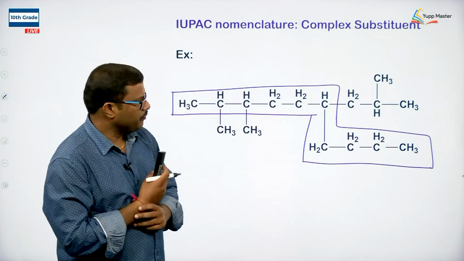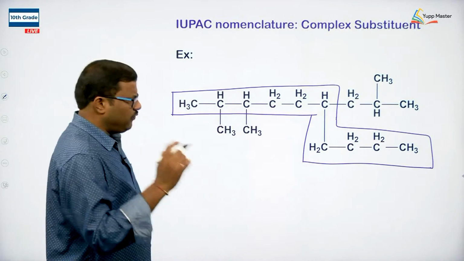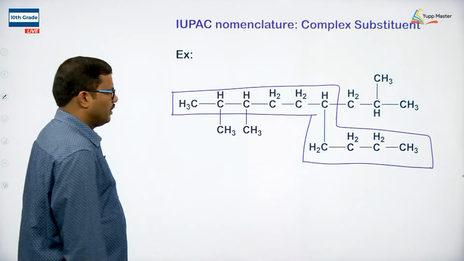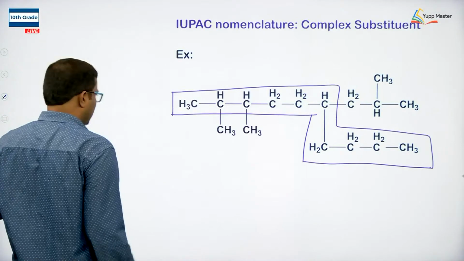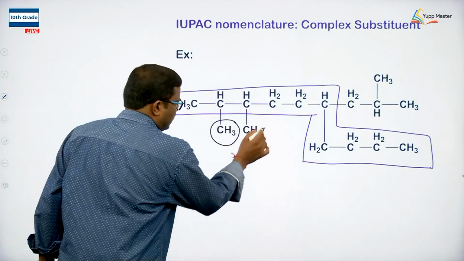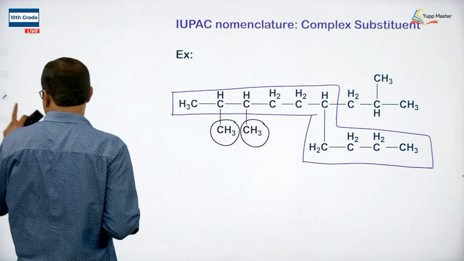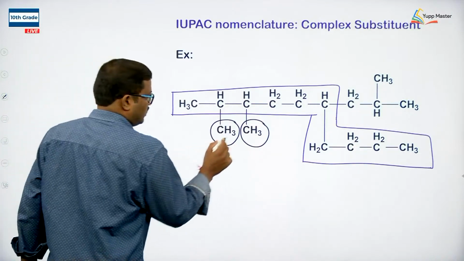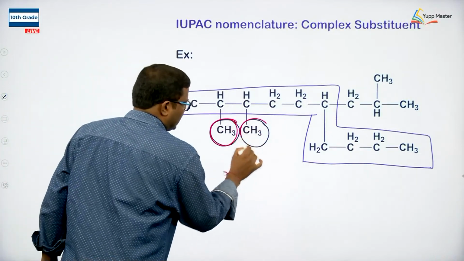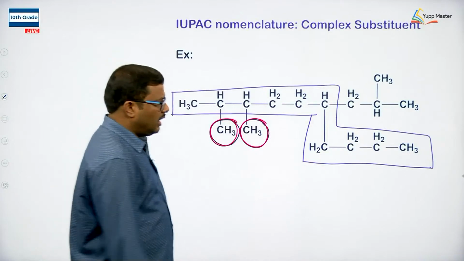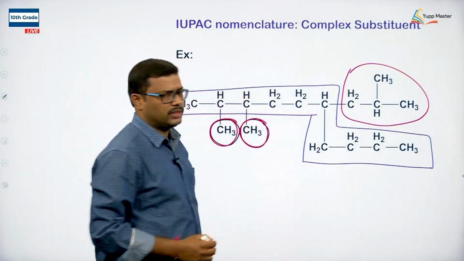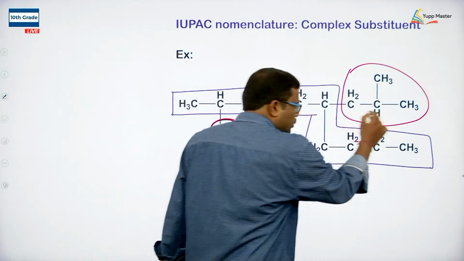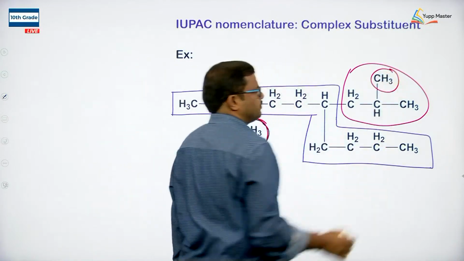Right. Now if you observe the substitutions, here we have a substitution CH3. So now I am rounding the substitution. This is CH3, this is CH3. And if you observe here, this is the substituent that is present, but within the substituent we have one more branching.